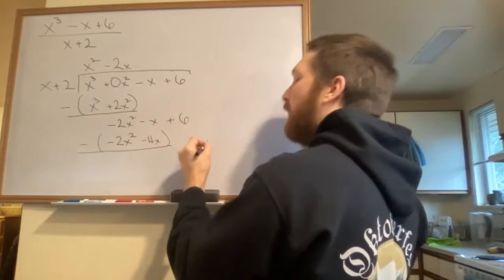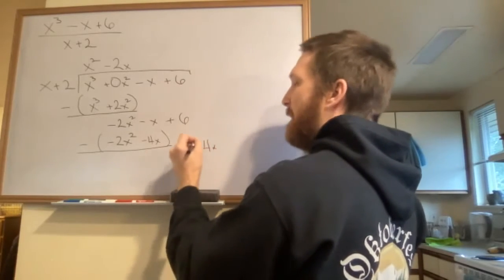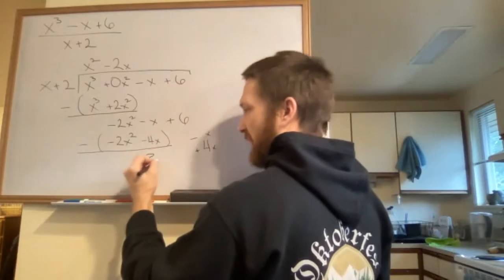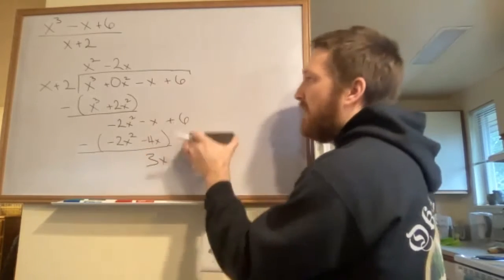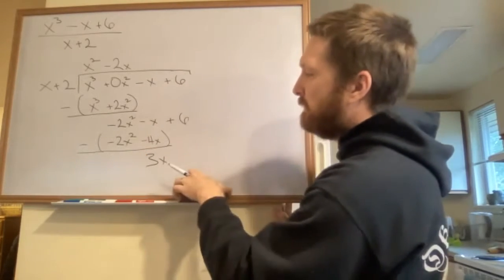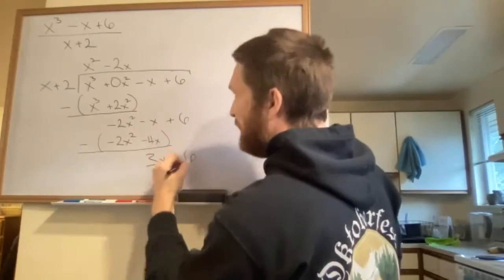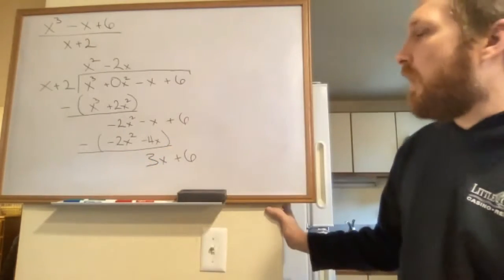Plus 4x minus x does give me indeed positive 3x. And then what do I do? Then you drop down the 6.